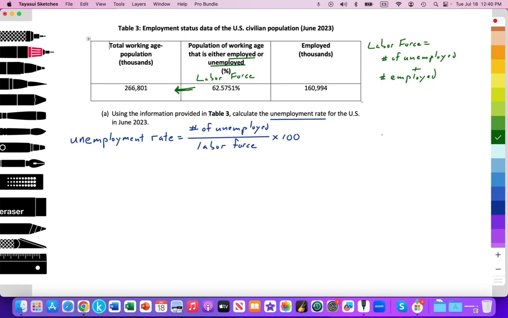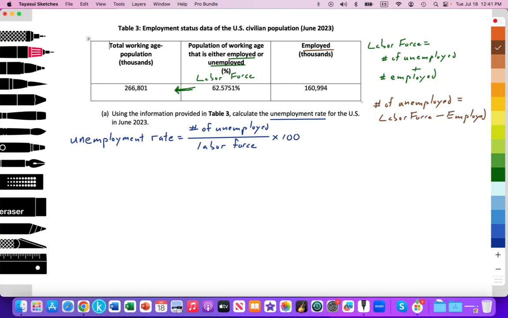One way of figuring out the number of unemployed, here we'll use another color: the number of unemployed would be equal to our labor force minus the employed, which we have right here.